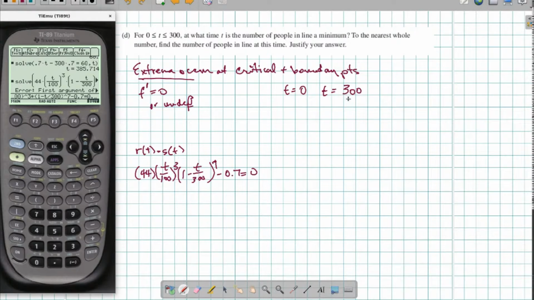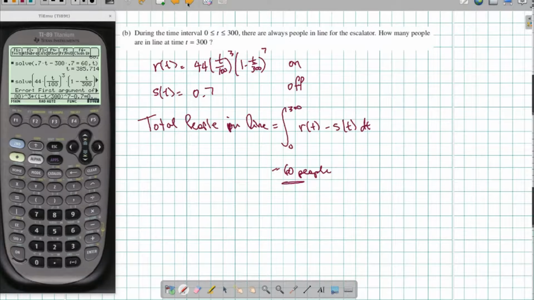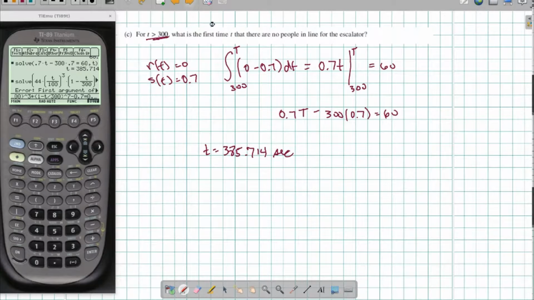Now, by the way, we've already done these answers over here, because here I'm doing the integral from 0 to 0 for this. And keep in mind that the initial people in line was 20 people. And I've already done the integral from 0 to 300 because that was part B. And on part B, that was 60 people.